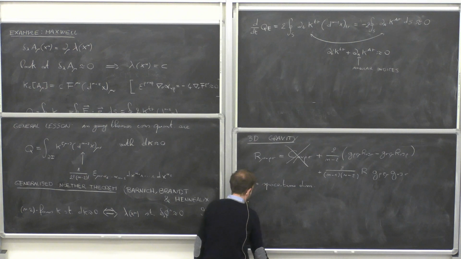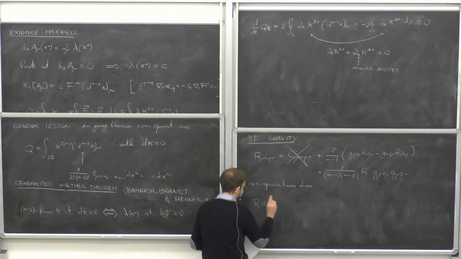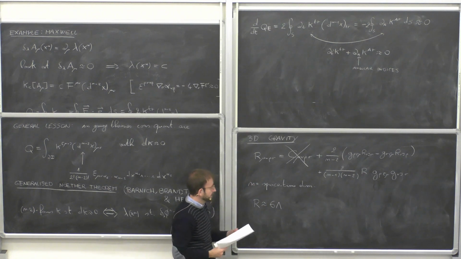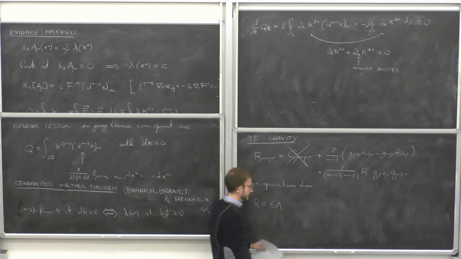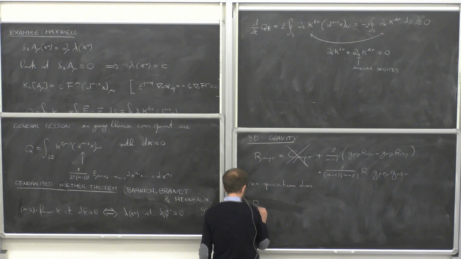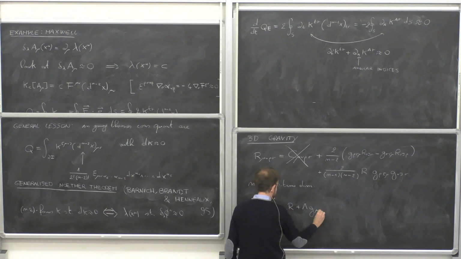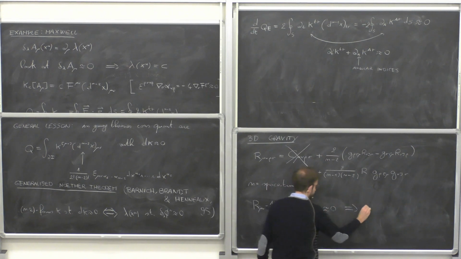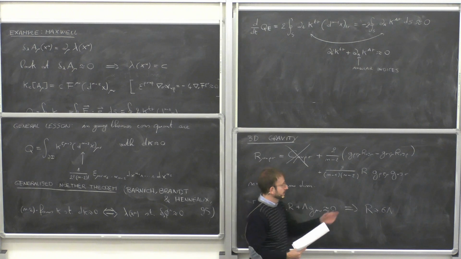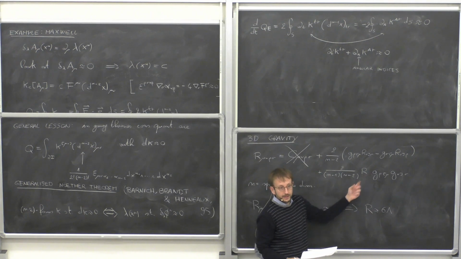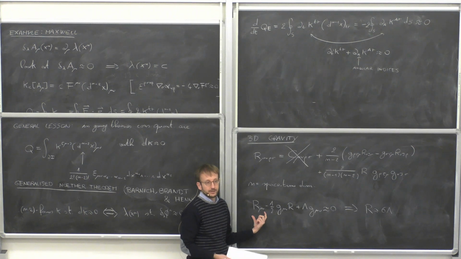But if this is 0, this means that if I impose Einstein equations in this particular space-time dimension, and in this case I'm working with Einstein equations with a cosmological constant, just to fix the notation, then I can substitute this information inside R here, or inside this term, and I will find that also the Ricci tensor is fixed in terms of the metric.